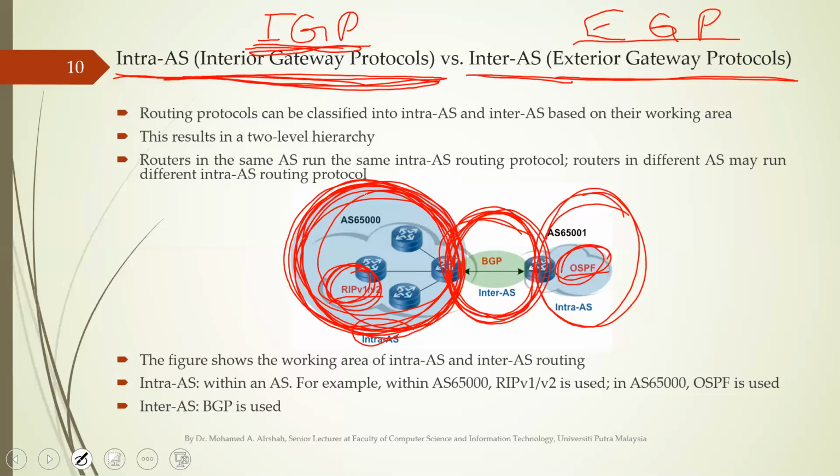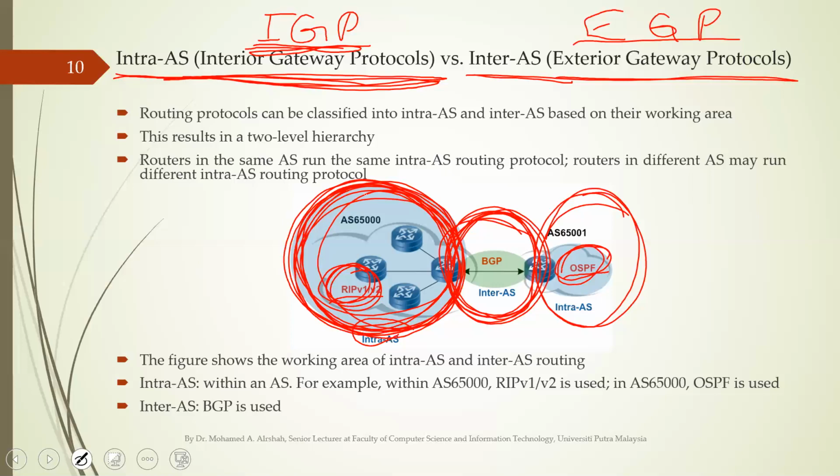So it's better to use the same intra-AS routing protocol, unless we have a technical issue. Sometimes we have different devices or manufacturers, and one supports OSPF and the other supports only RIP, then we have to deal with that case. But that case is not the best. The best case is to use the same routing protocol inside the same autonomous system.